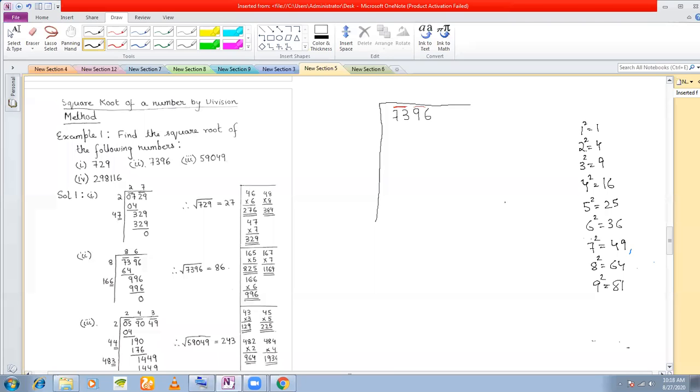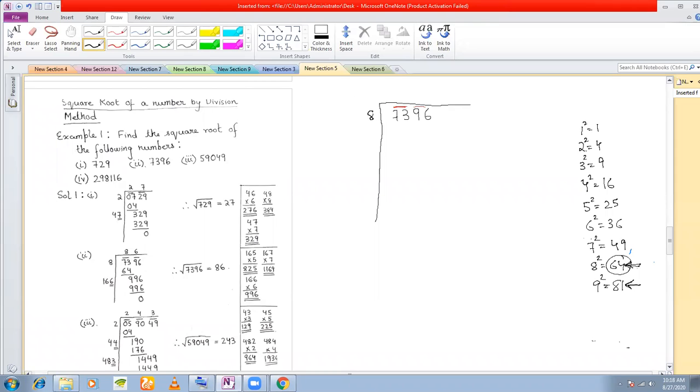Now you see that 64 is just less than 73, but the next square number 81 is greater than 73. So we'll choose 64.